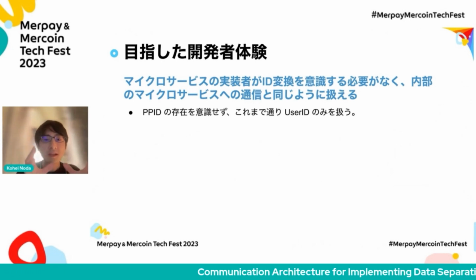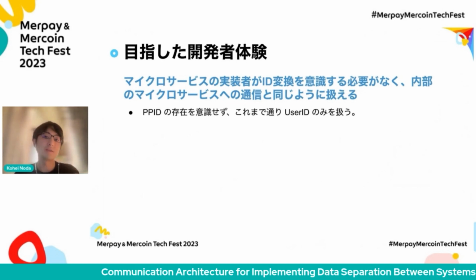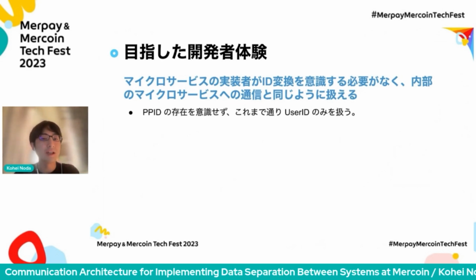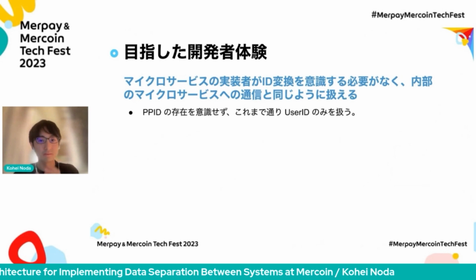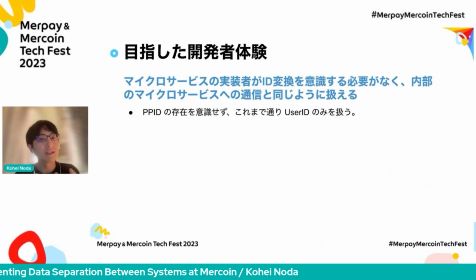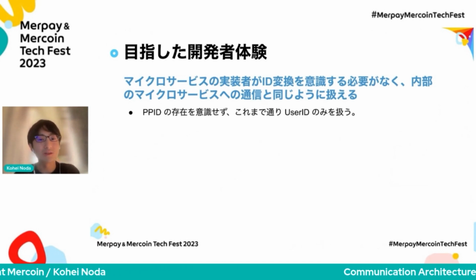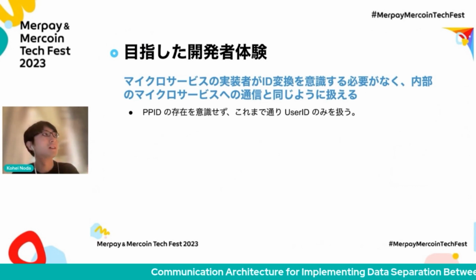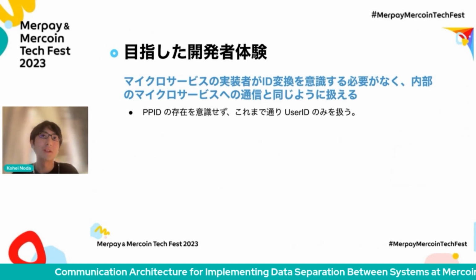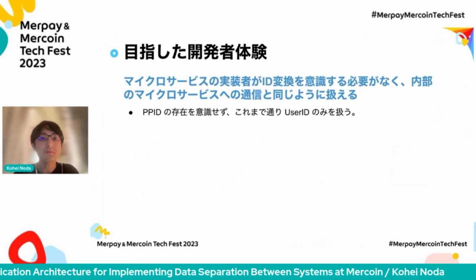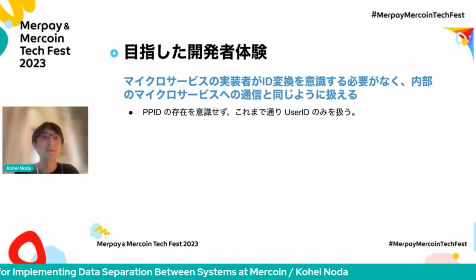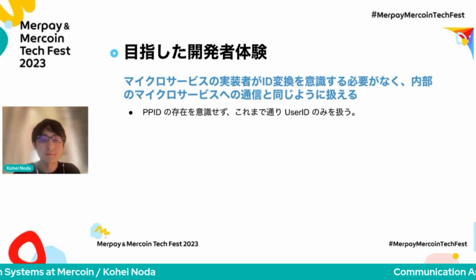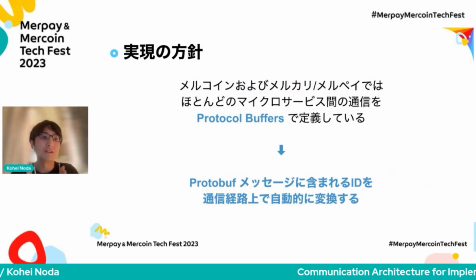If the communication between these microservices is internal to Mercoin, then developers only need to focus on the user ID in development, and it is automatically converted into the external ID. Or if you are on the calling side of the API, before you get the response, it is converted into a user ID. That's what we wanted to achieve.